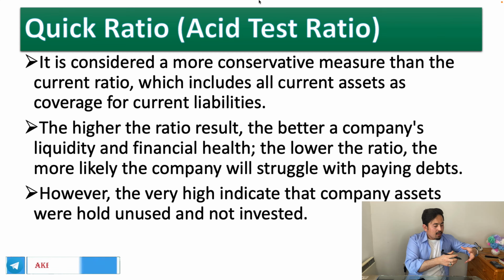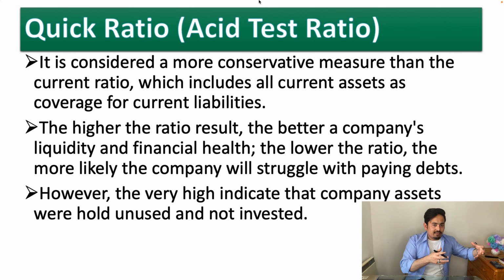Suppose they have lots of account receivable which they were not able to collect on time and use for further investment or generation of income or operations of the business. So this is a bad indicator, which is the mismanagement of the cash or working capital of the business overall.